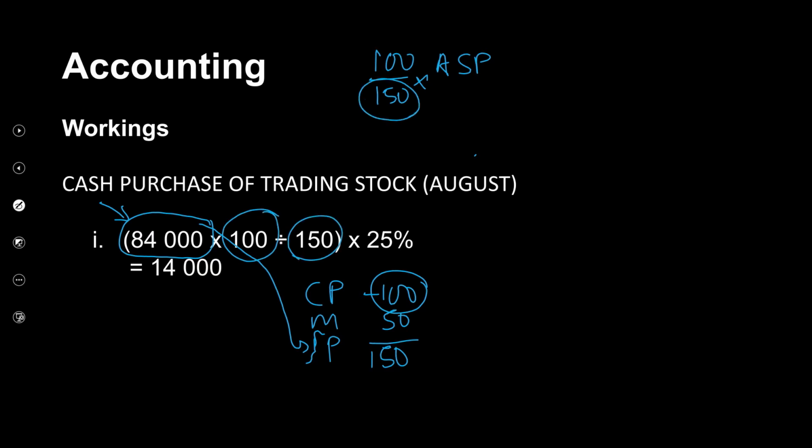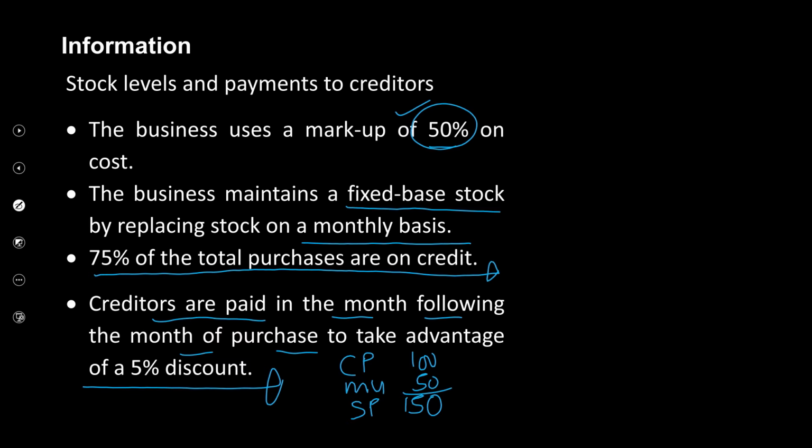As you can see, there's my 150 times, obviously, you are told that only 25% will be paid for in cash. The importance of this information is, we can see here, 75% of your purchases is on credit, so obviously your cash purchases is only 25% of the total purchases figure.